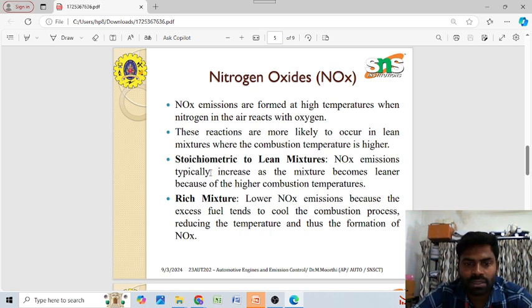From stoichiometric to lean mixture, the NOx emission typically increases as the mixture becomes leaner because of the higher combustion temperature. With the rich mixture, NOx emissions are lower because the excess fuel tends to cool the combustion process, reducing the temperature and thus the formation of NOx.